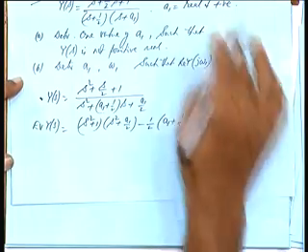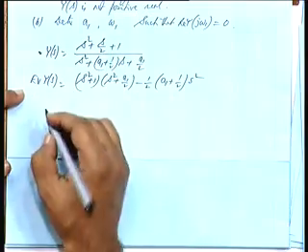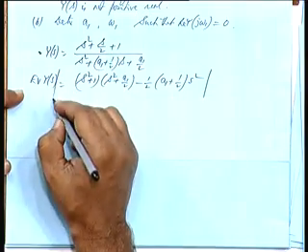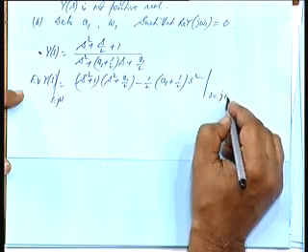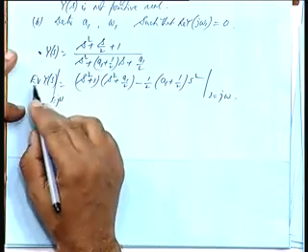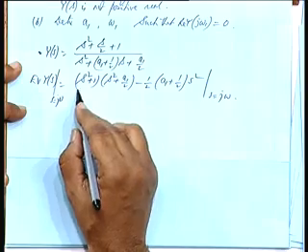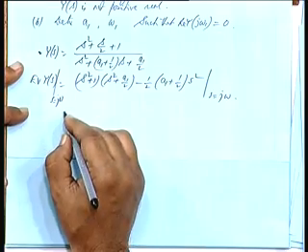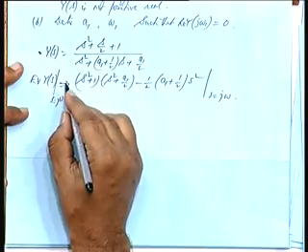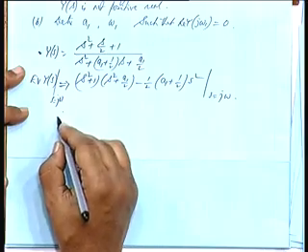This is to be evaluated at s equal to j omega. Though I am writing even Y(s), I am not writing the denominator, which is a positive quantity. I should better put an arrow.